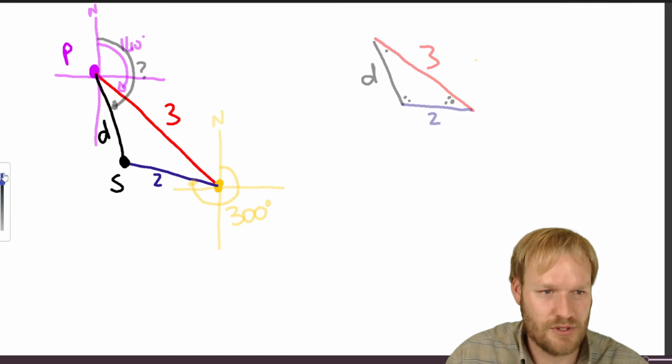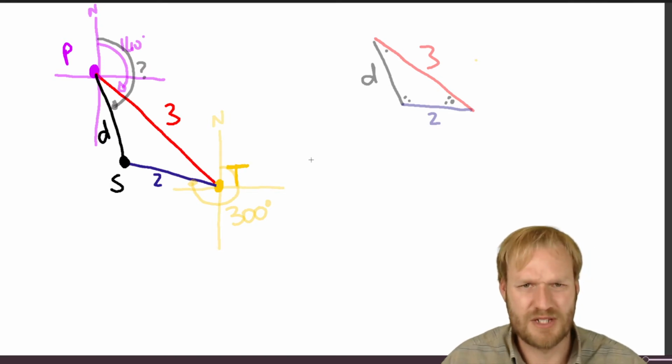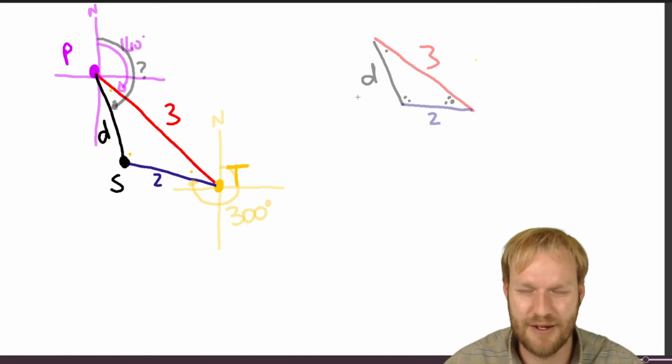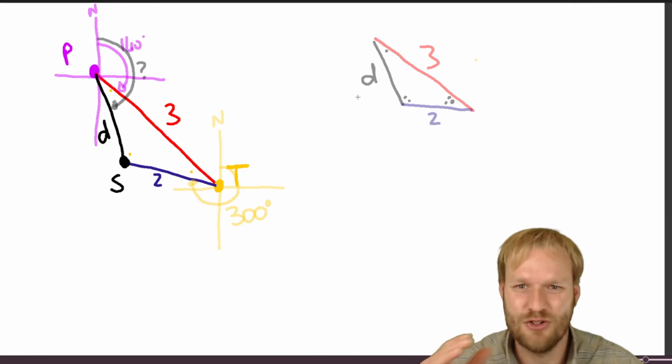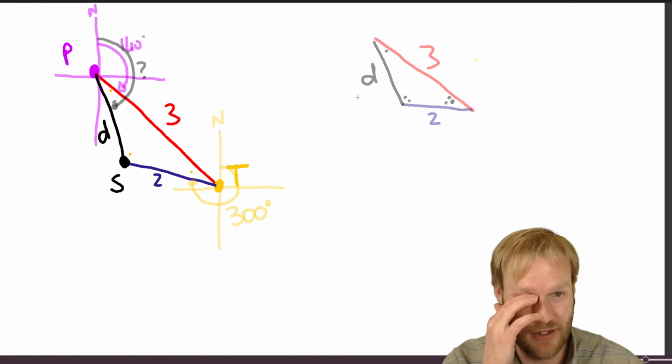So this is point T, because T is where it's turned. If I call this angle T, this one inside the triangle angle S, and this one inside the triangle angle P, any ideas at the moment of how you're going to find T, S, or P inside the triangle?